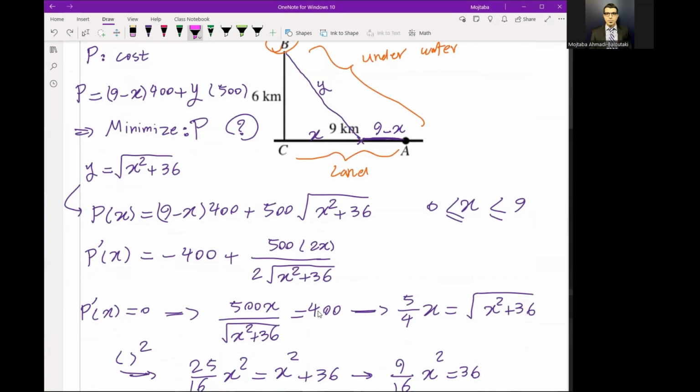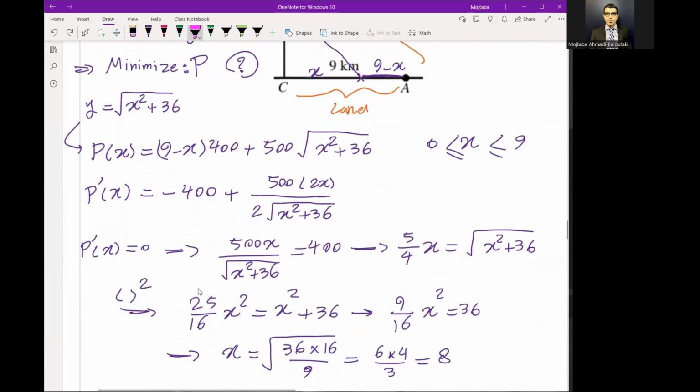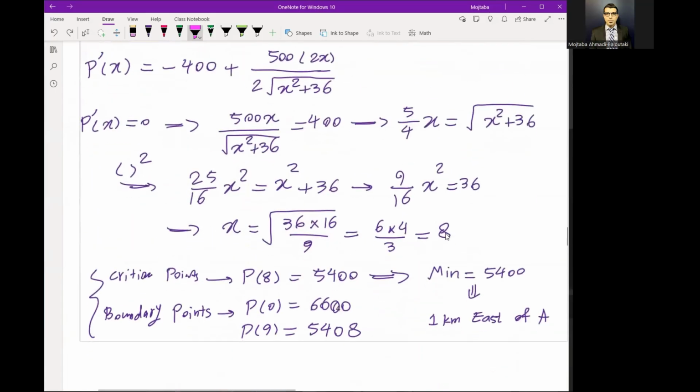If we simplify this, that would be 5 over 4 x equals the square root. If you raise both to the exponent of 2, 25/16 x squared is x squared plus 36. That means 9/16 of x squared is 36. So x would be this value, right? Which is 8. So we have 8.